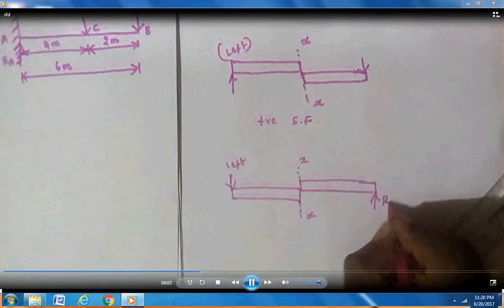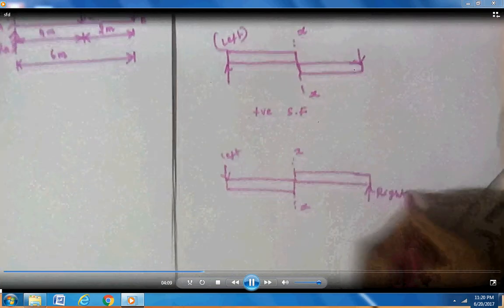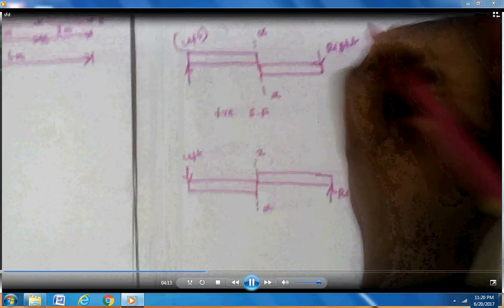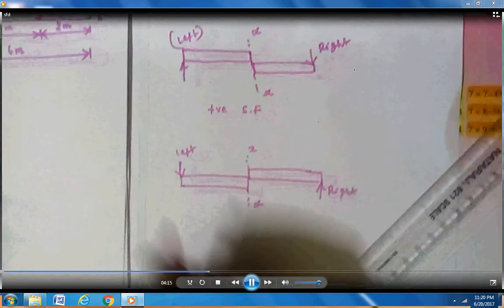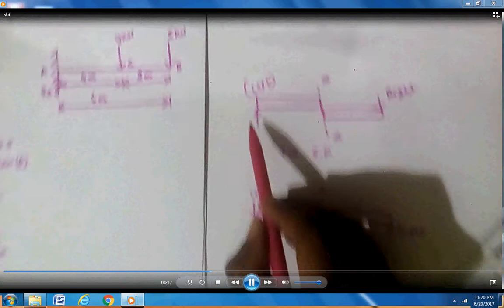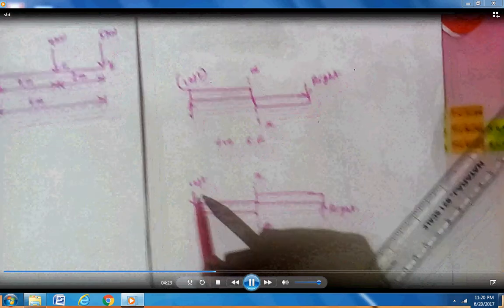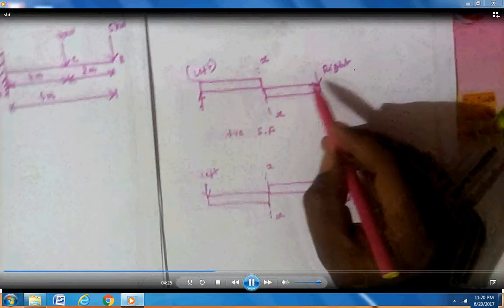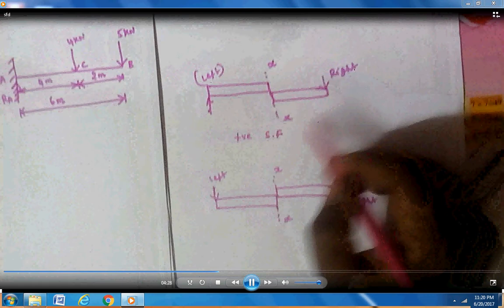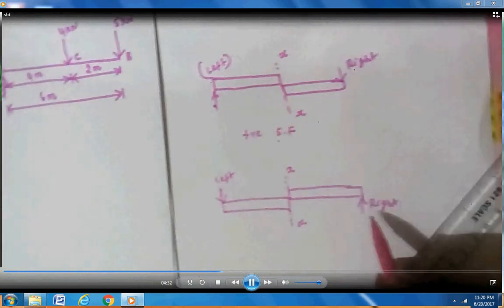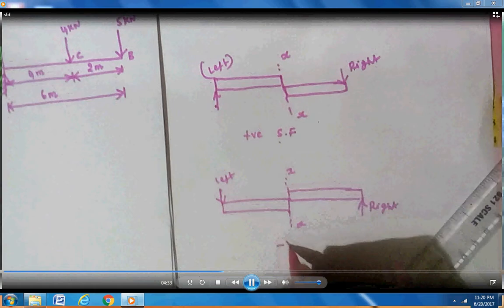So for positive shear force, left side upward; for negative shear force, left side downward. For right side, downward means positive and upward means negative.